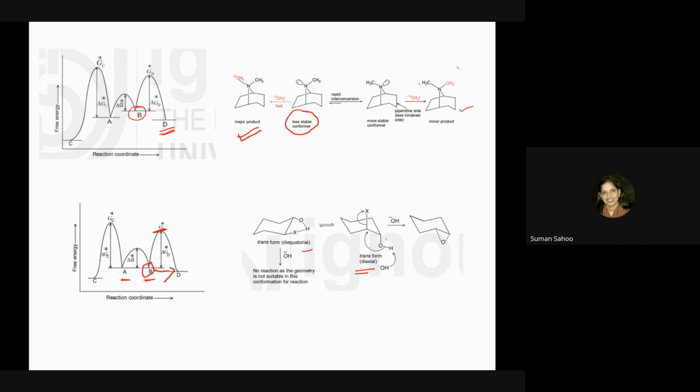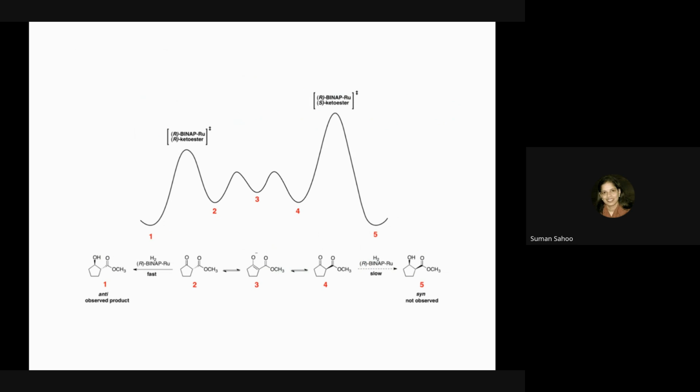Rather, the trans diaxial form is in the appropriate geometry to undergo beta elimination to form your epoxide. So in this diaxial form, this conversion is of less energy, and this conversion is of high energy. So that means from this conformer, not enantiomer, from this conformer we get the major product.